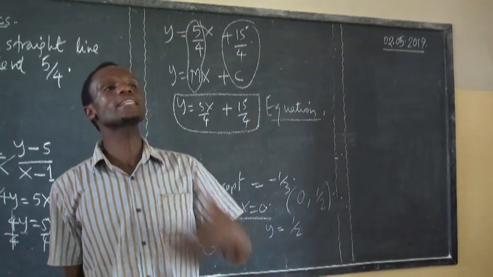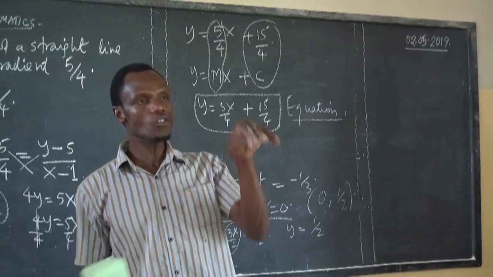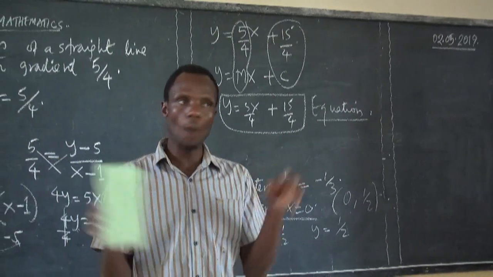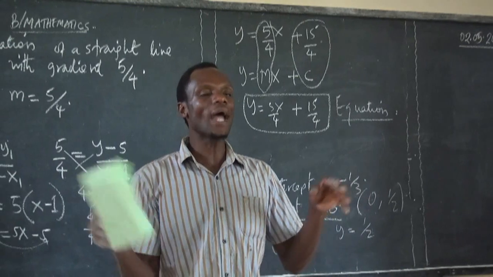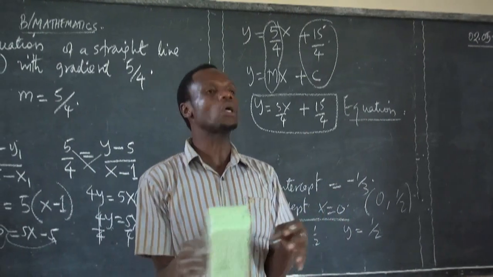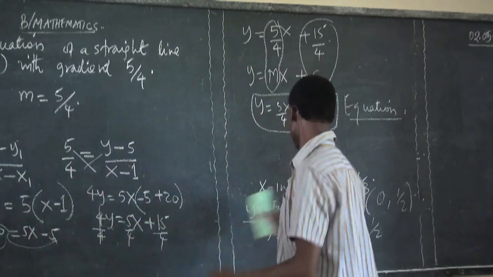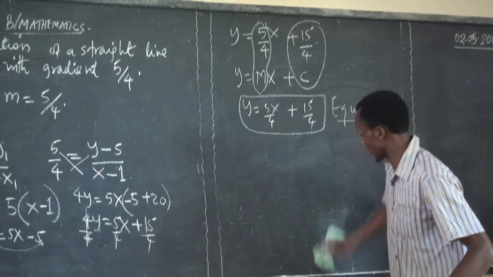You use the formula that is used to determine the equation of a straight line. So first of all, if you have points, you must first find the slope or the gradient. After you have got the gradient, that is where you substitute into the equation.